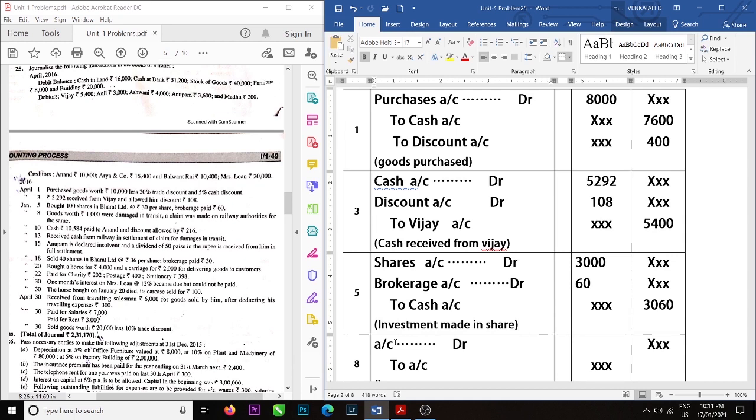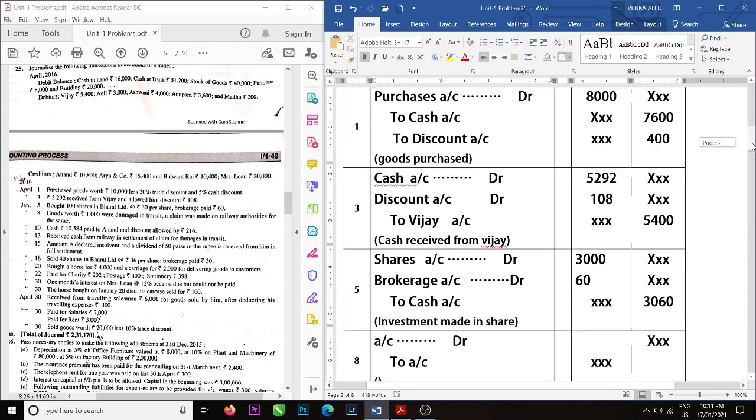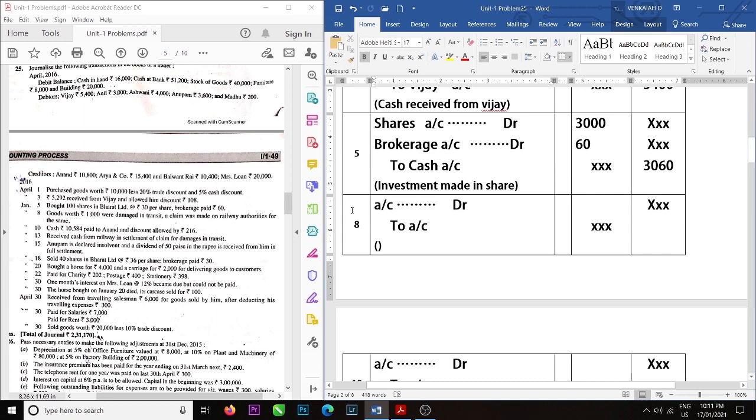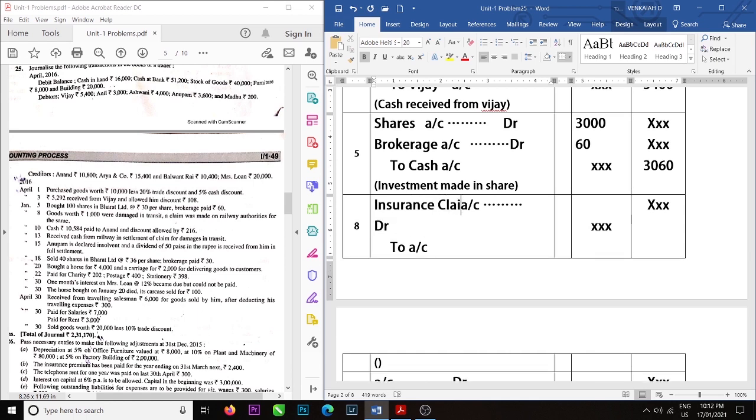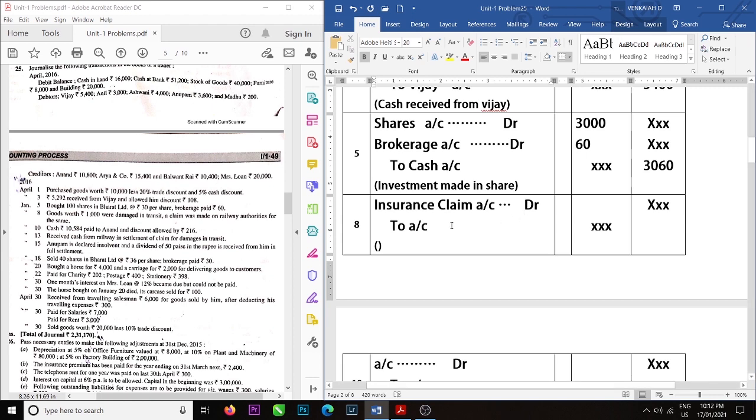Okay, goods worth rupees 1,000 were damaged in transit, and a claim was made on railway authorities for the same. Insurance claim account debit. I can write either goods in transit or closing stock also. To closing stock account.